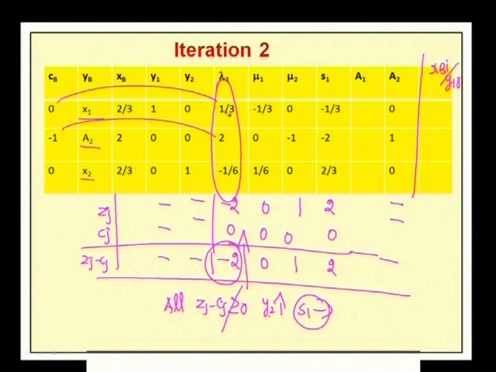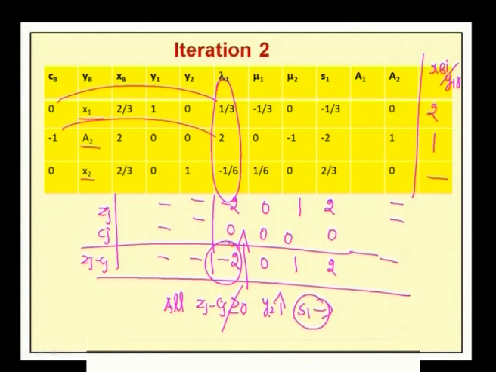For this one, 2 by 3 divided by 1 by 3, so we have 2. Then for this one, 2 by 2, we have 1. Now, the condition for xbi by yar is that yar should be strictly greater than 0, but here yar is negative, therefore, no need to compute this ratio for x2, therefore, this takes no value.